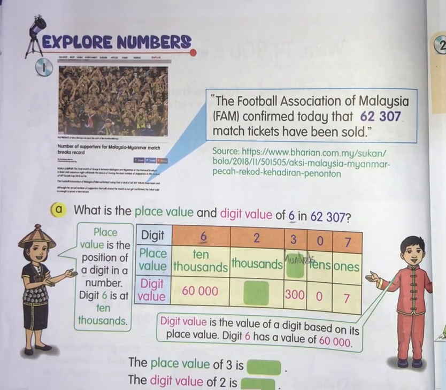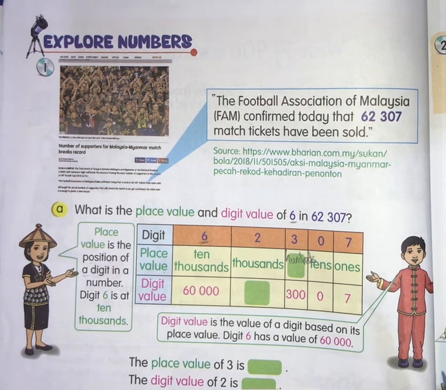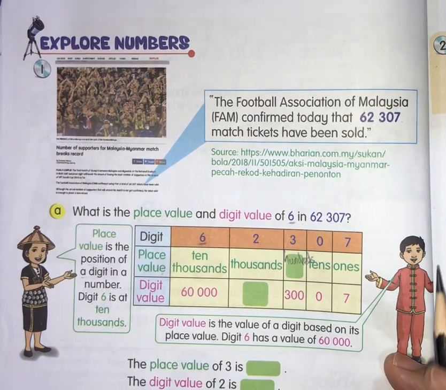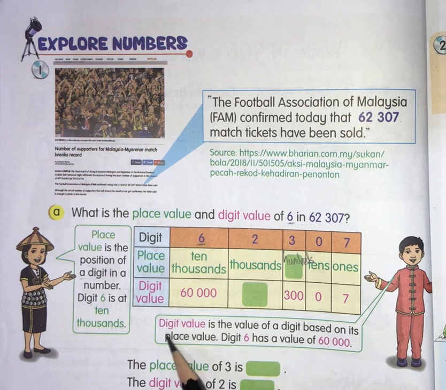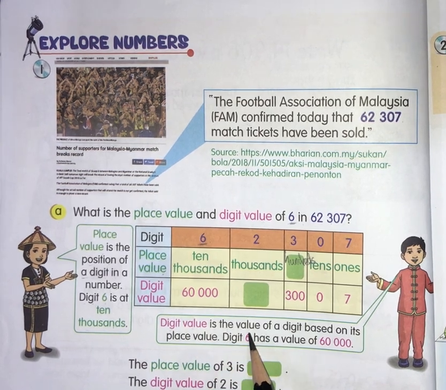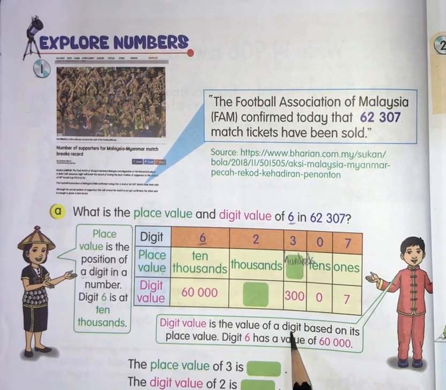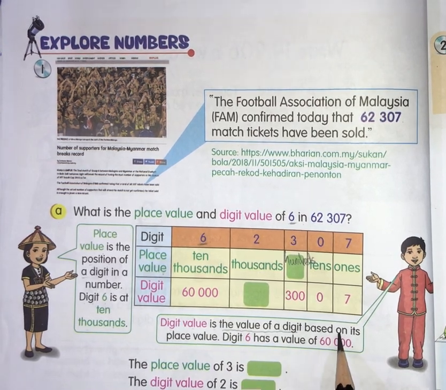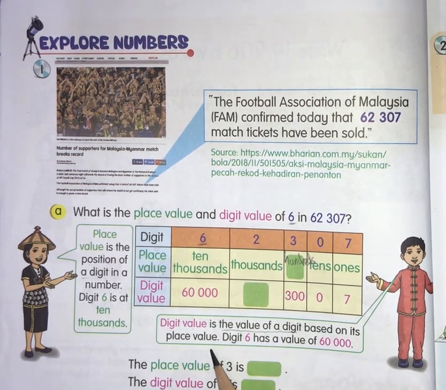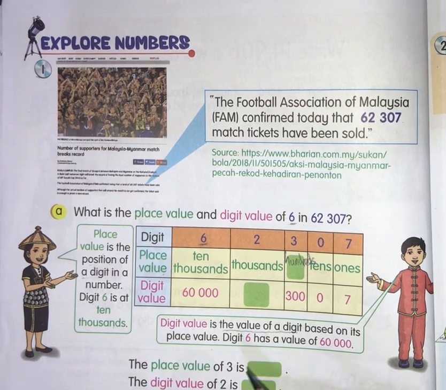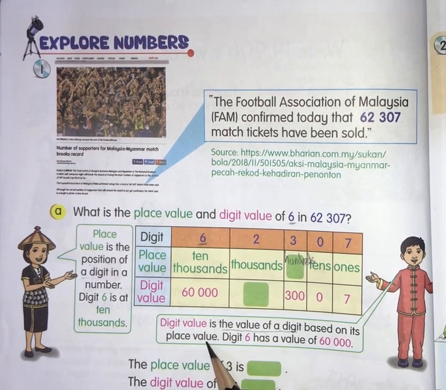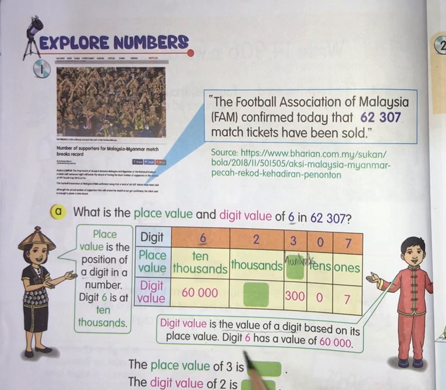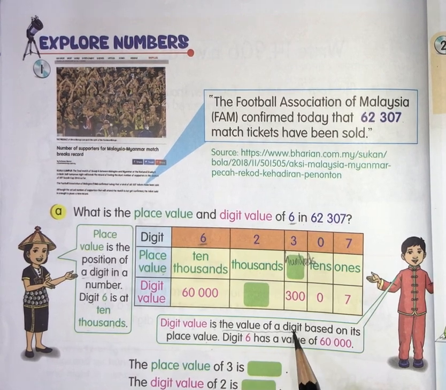Now we look at the digit value. What is digit value? Digit value is the value of a digit based on its place value. We need to look at the place value to determine the value of a digit.